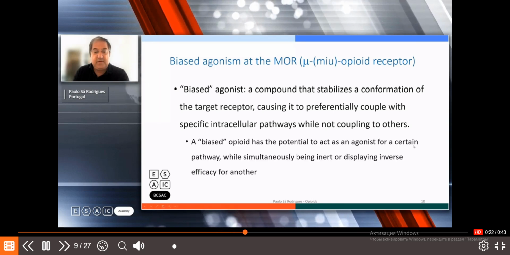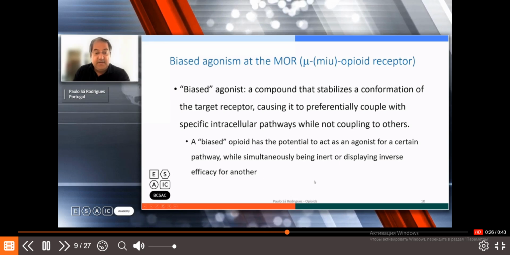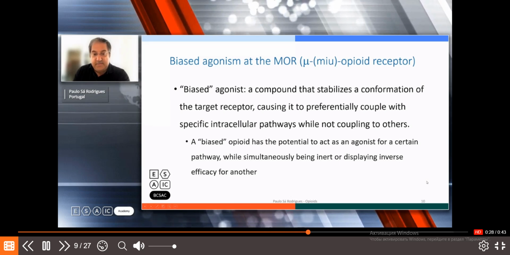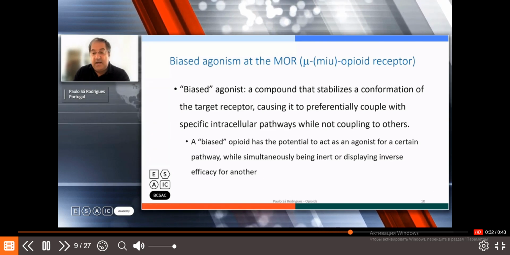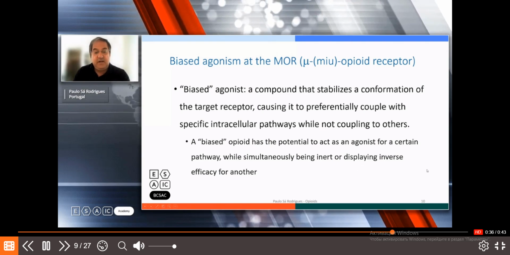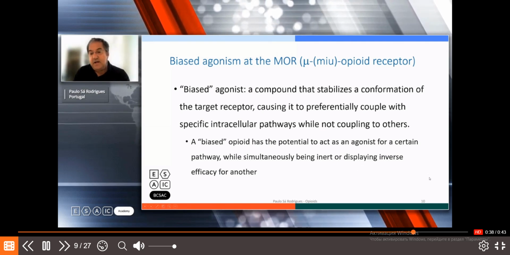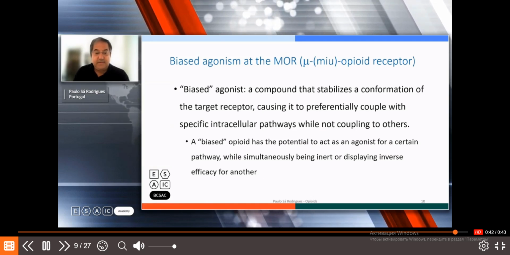We'll come to this later on in this lecture. So a biased opioid has the potential to act as an agonist for a certain pathway and eventually simultaneously be inert or even display inverse efficacy for the other pathway of the receptor effect.